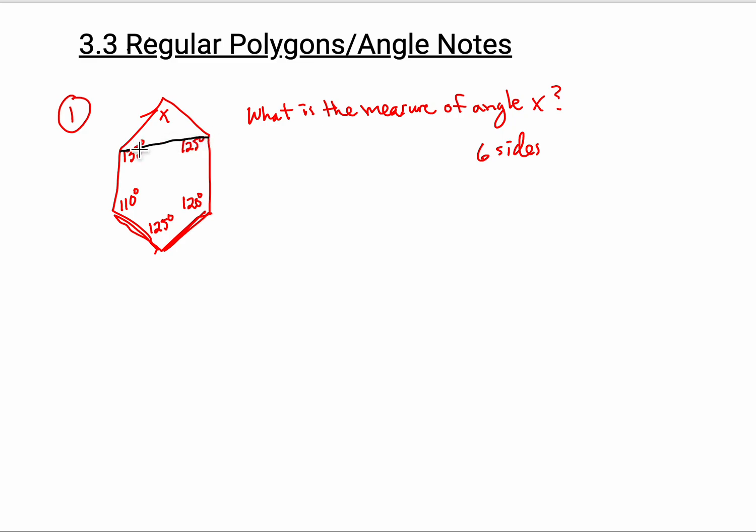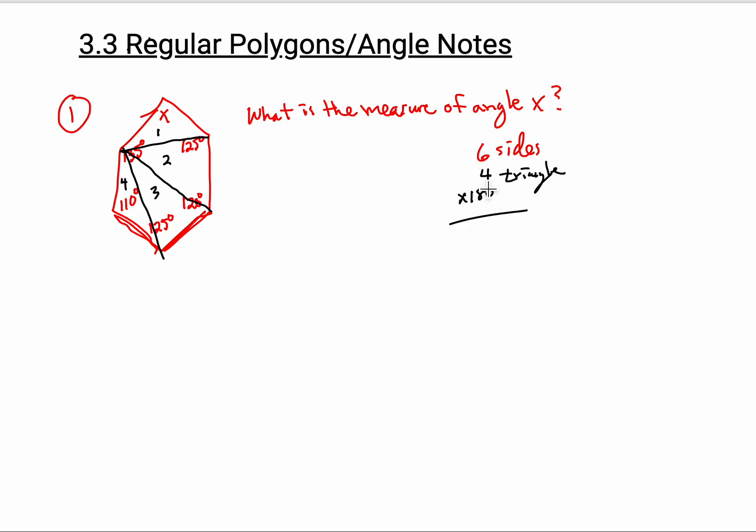I'm going to draw in one triangle, and remember, it's helpful to just go from one point rather than crisscrossing, because crisscrossing doesn't work as well, and it gets extra measures. But I have 1, 2, 3, 4 triangles. So I know I have 4 triangles on those 6 sides, and each one of those triangles is 180 degrees.